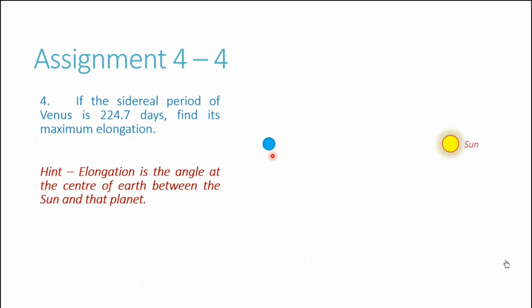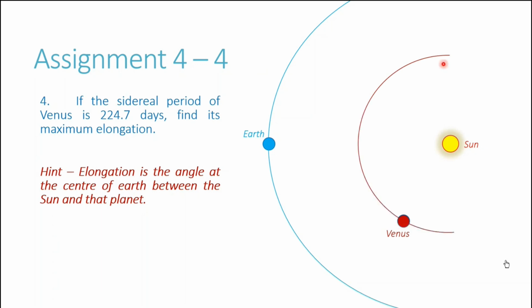We can show the Earth next, and we also show the orbit of the Earth in blue. Now let's show the orbit of Venus. We have the Venus planet here, and you can see the orbit of Venus also in the diagram.